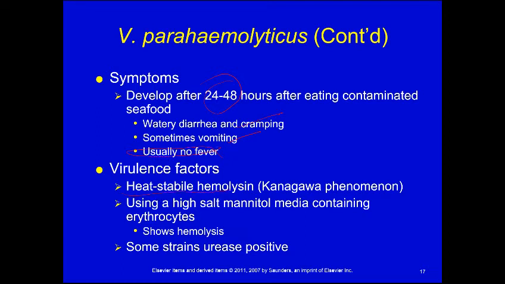The heat-stable hemolysin, which is responsible for the Kanagawa phenomenon. Ano yung Kanagawa phenomenon? Kanagawa phenomenon is hemolysis in a blood agar plate. Now, the blood agar plate used for Kanagawa phenomenon or in identification of Vibrio parahemolyticus is what we know as... sana mabasa nyo to.